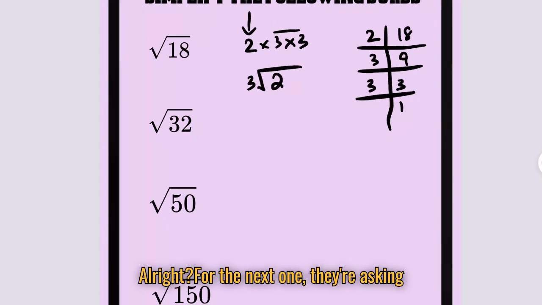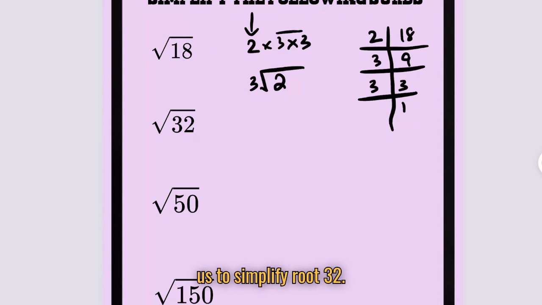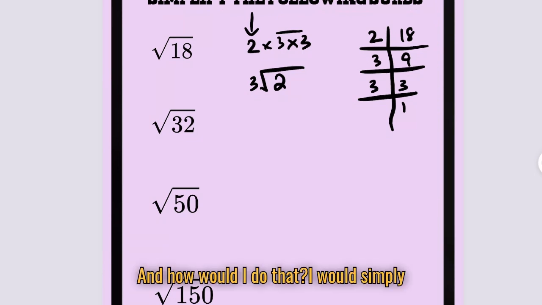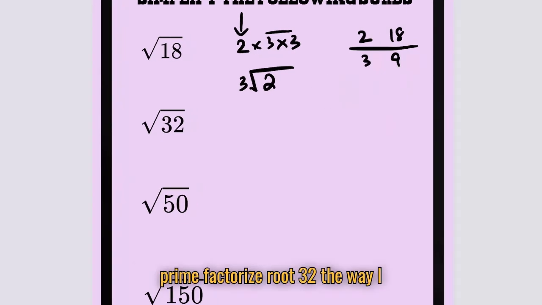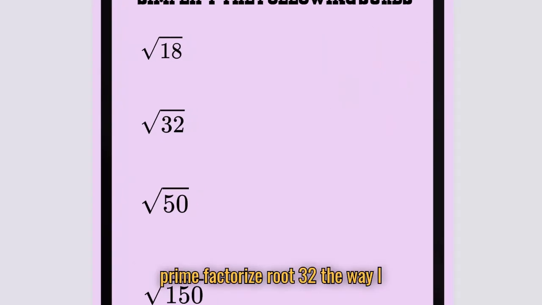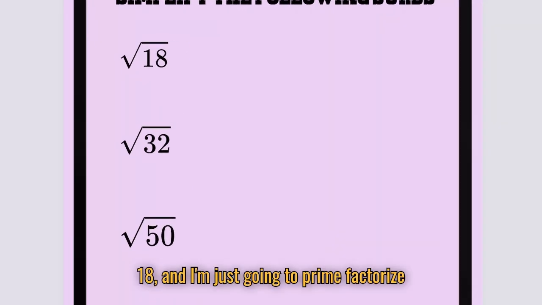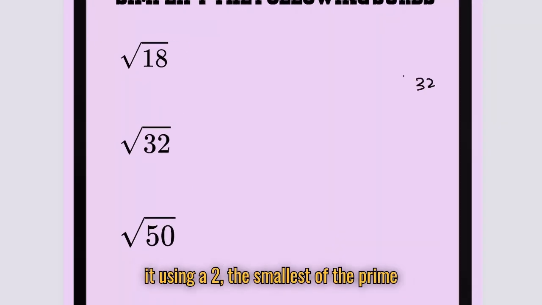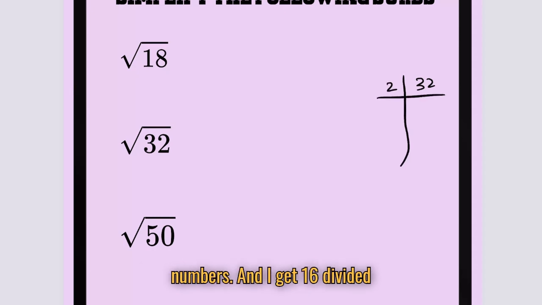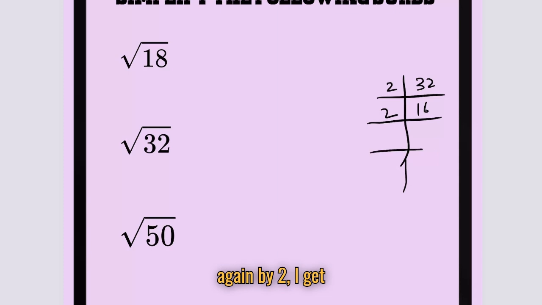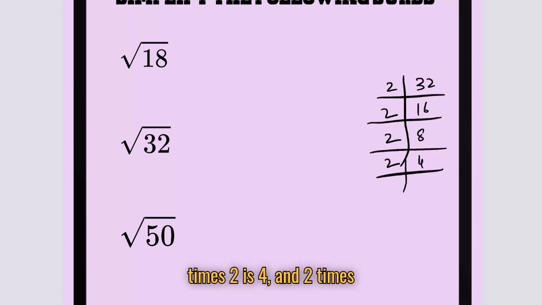For the next one, they're asking us to simplify root 32. And how would I do that? I would simply prime factorize root 32 the way I did root 18. I'm going to factorize it using a 2, the smallest of the prime numbers, and I get 16; divided again by 2, I get 8. 2 times 4 is 8 and 2 times 2 is 4 and 2 times 1.